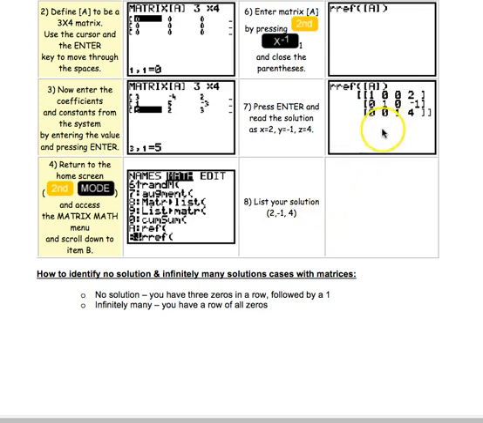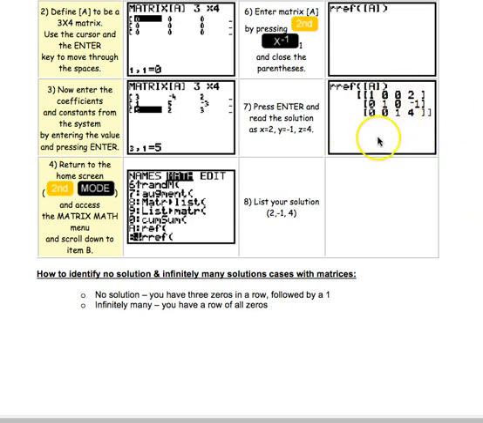The two special cases you're looking for are no solution and infinitely many. If you have no solution, that means at least one of your rows is going to have 0, 0, 0, and then a 1. So if you see that, you can automatically just write no solution instead of a triple. Infinitely many, you're going to have a row of all zeros.